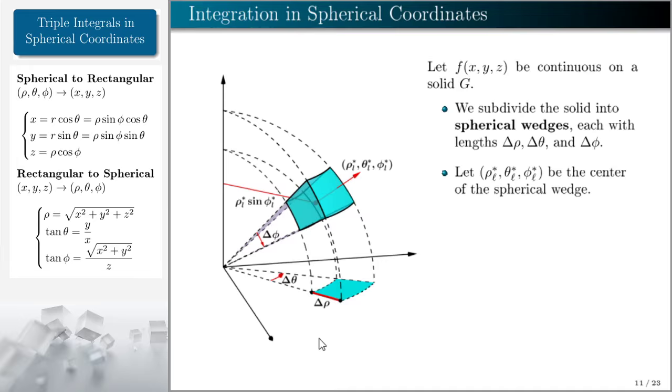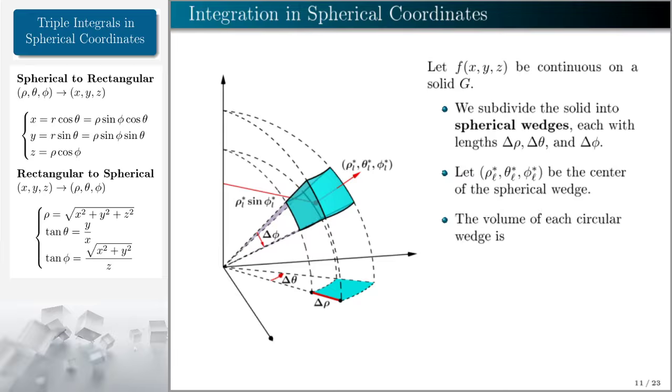One important part of this proof is that it should be the center of the spherical wedge. Unlike in the rectangular case where we can just choose any random point inside our rectangular box, here it should be exactly the center. That will mean that rho sub L here is the midpoint of the endpoints here, and so is the theta and our phi.